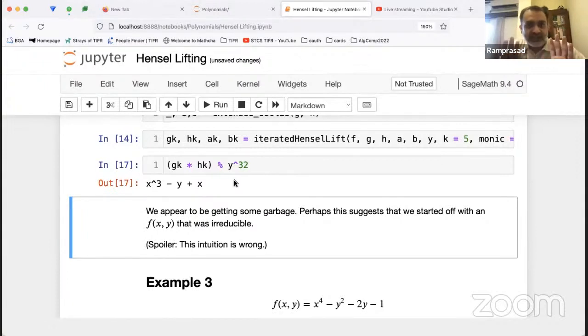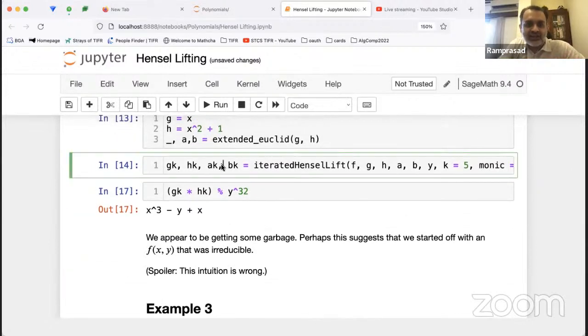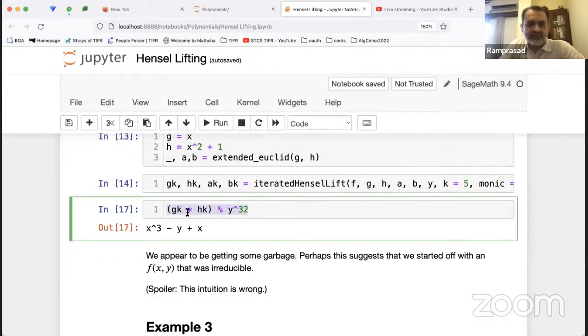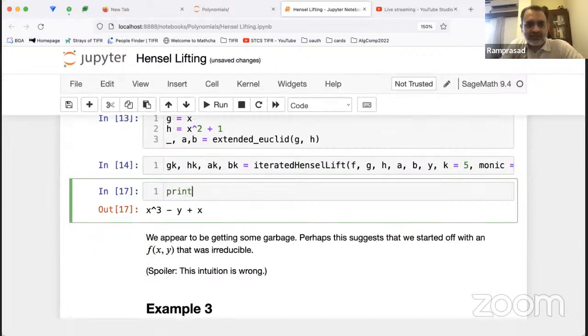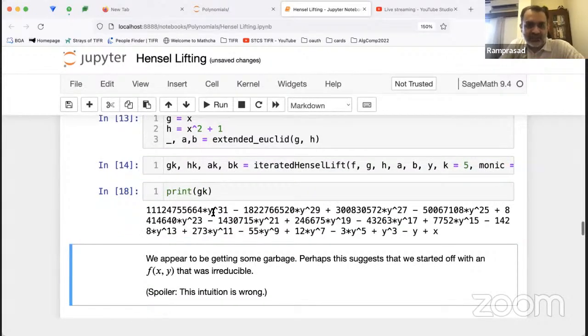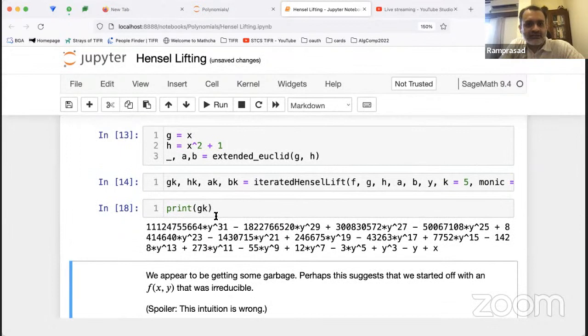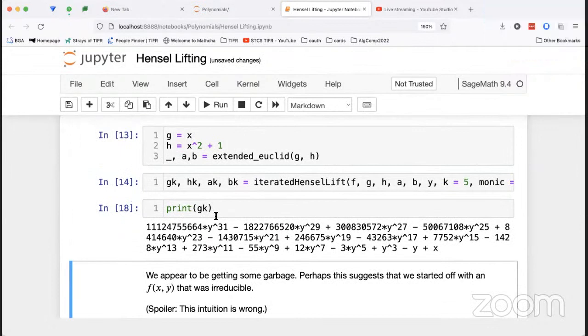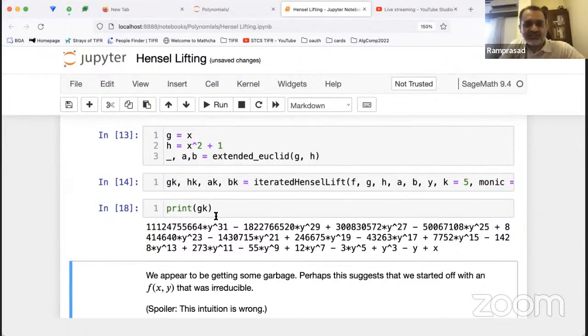So it's a legitimate factorization of f mod y to the power 32. But hopefully it's telling you that gk doesn't look like any factor of f. If I print gk, it clearly looks ugly. So maybe this is how we are going to realize that f was irreducible to begin with. But as I mentioned here, this intuition is wrong.